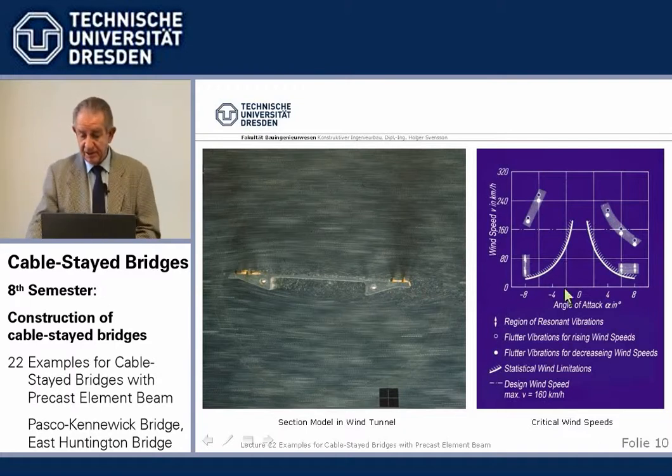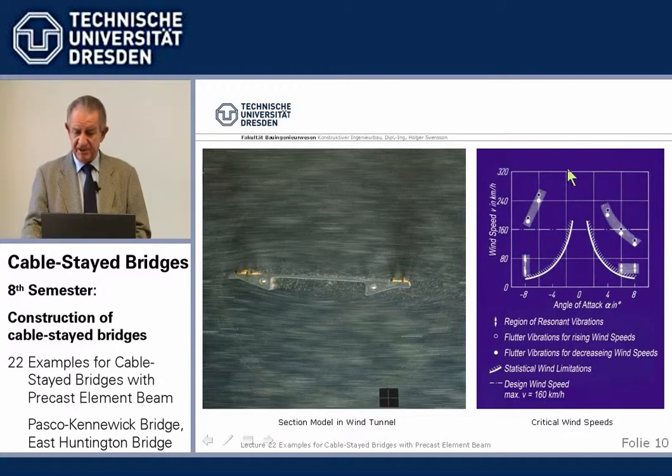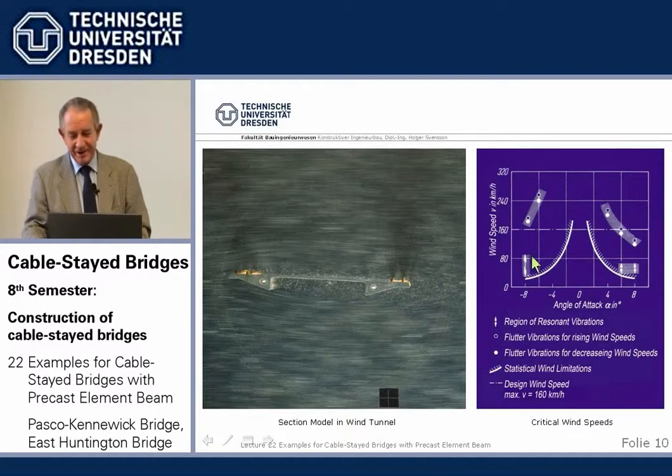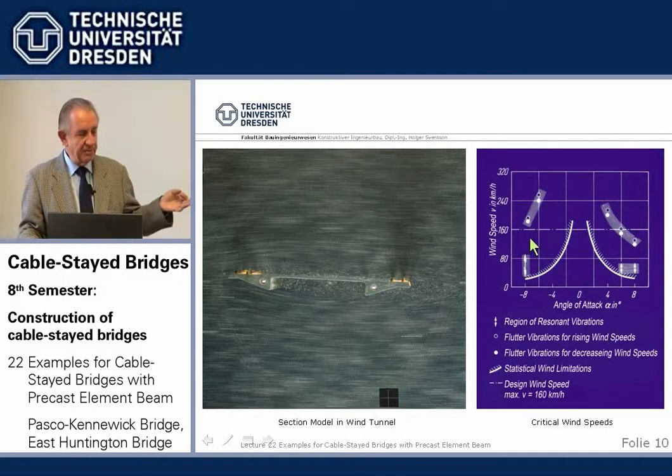Now, this is an interesting figure I'd like to explain a little bit more. Naturally, you know all about aerodynamics of bridge beams, because I've given you 2 lectures on that. You may recall we have 2 phenomena.